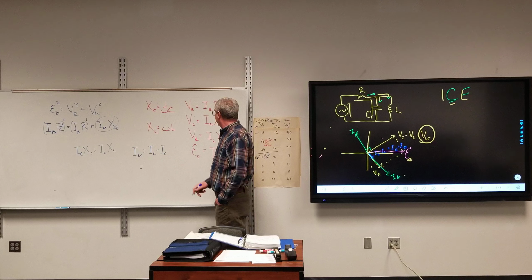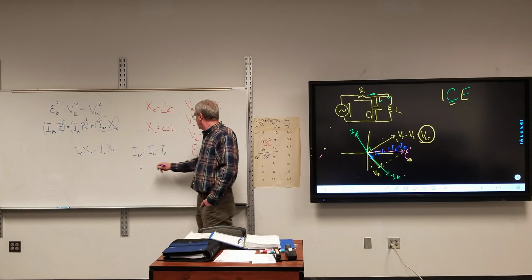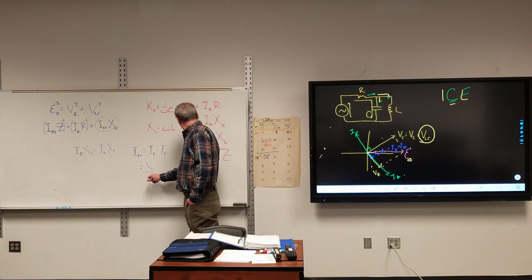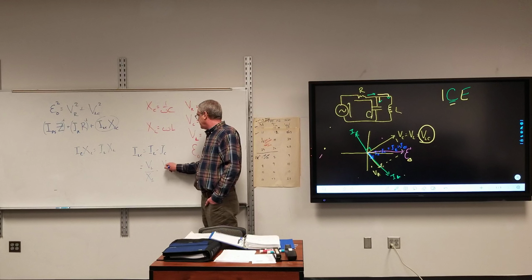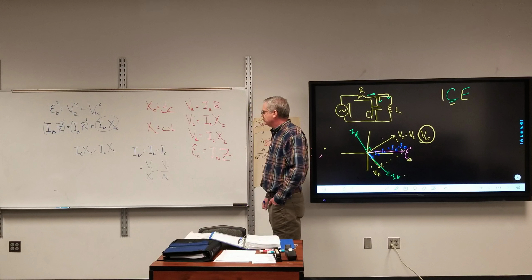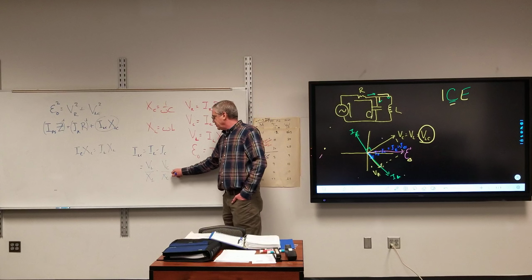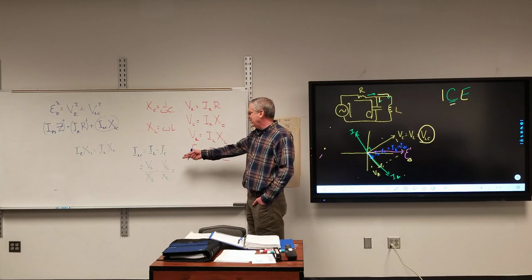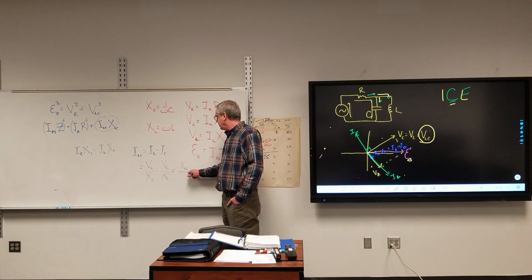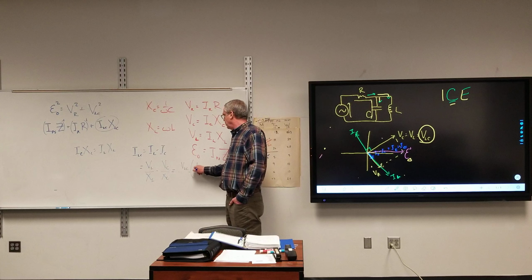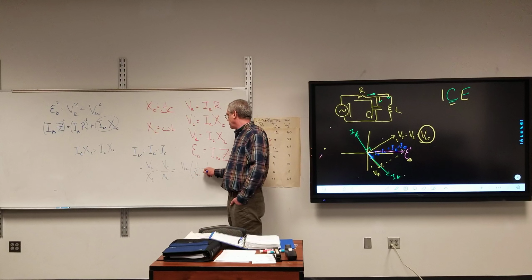I know that IL is VL over XL minus VC over XC, which is, well, VL and VC are the same thing, so that's VLC times 1 over XL minus 1 over XC.